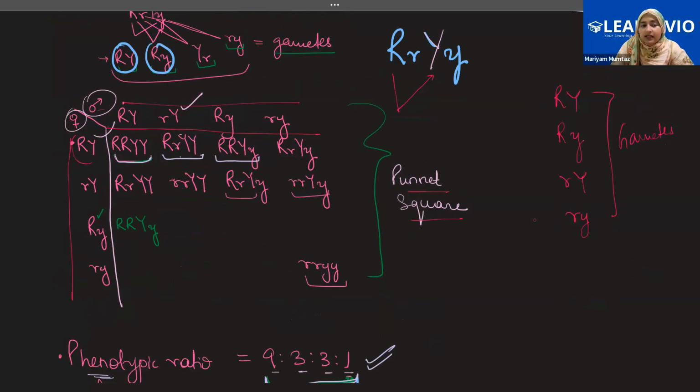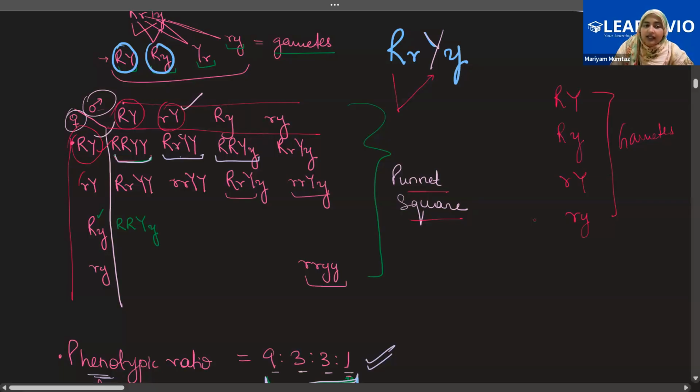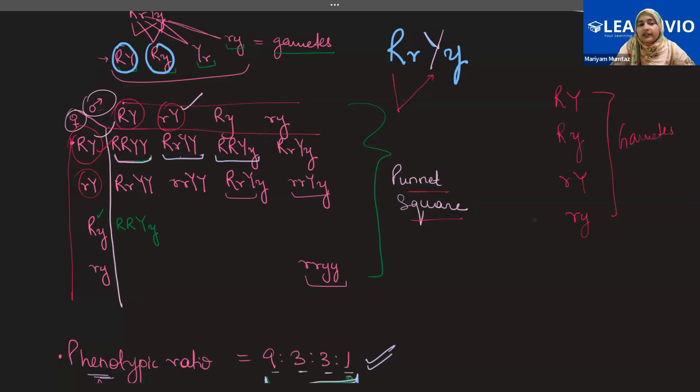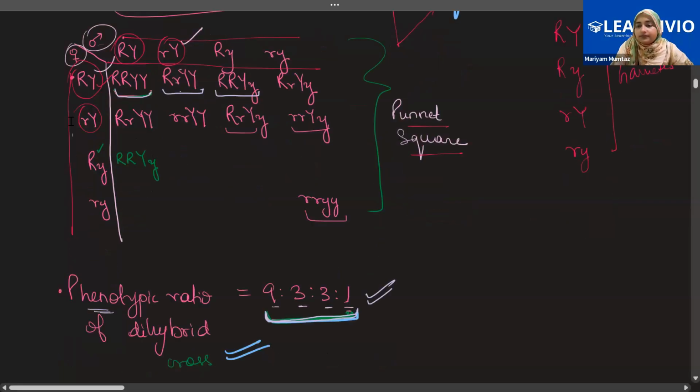You take capital R capital Y and cross it with capital R capital Y, then with small r capital Y, then with capital R small y, and lastly small r small y. So you crossed it with all of them. The same way for small r capital Y, you cross it with all of them. You take one and cross it with all four, and ultimately you will be left with all of the possible genotypes.